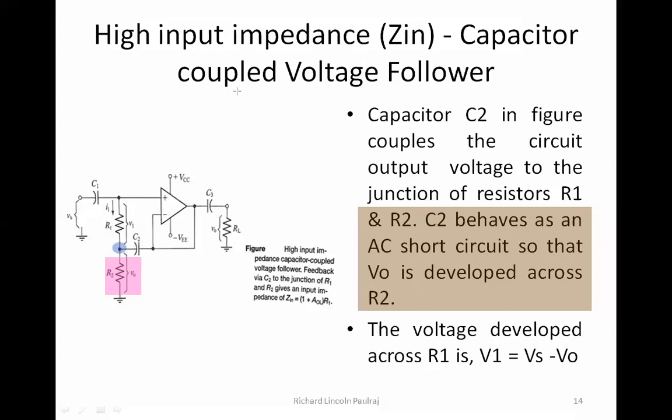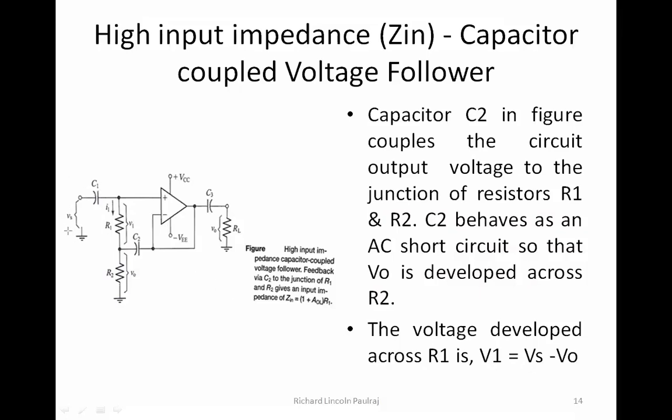In order to attain the op-amp property of very high input impedance, we add a capacitor and a resistor, because of which we will be able to attain high values of Zin. The voltage developed across R1, V1, is equal to Vs minus V0.